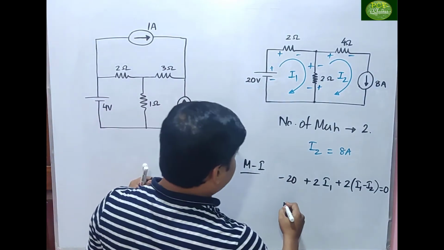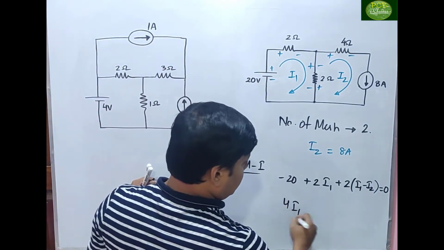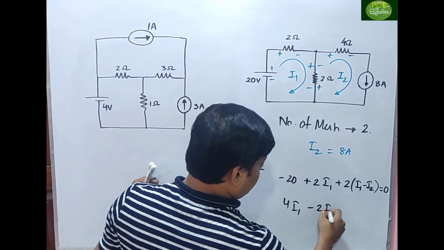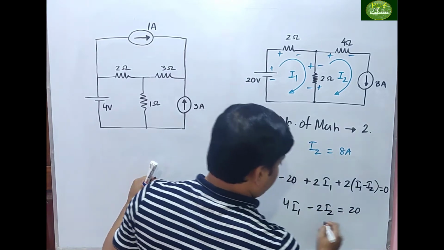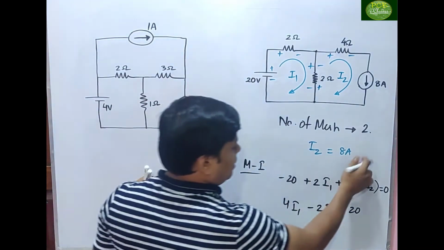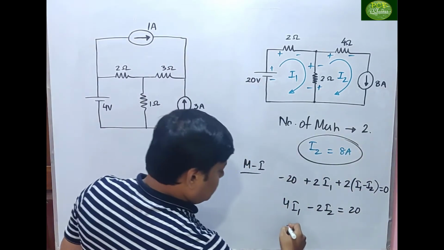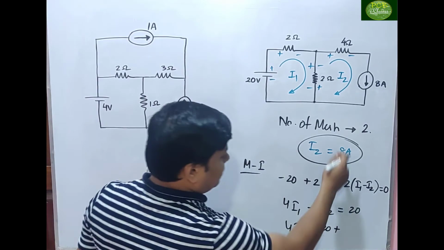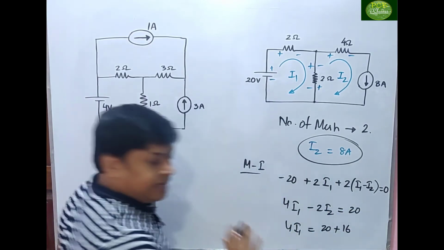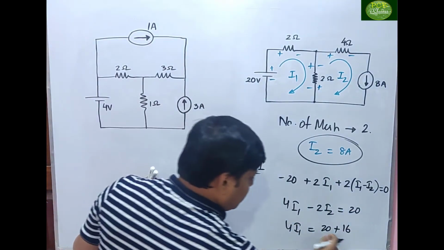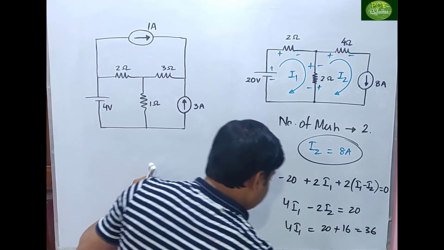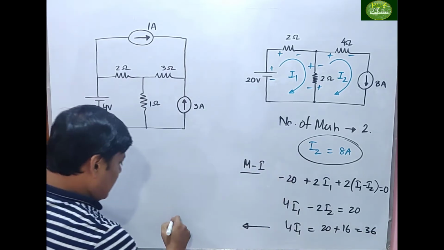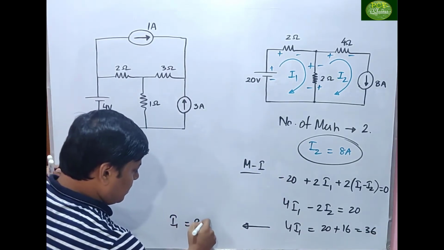So what can I write? 4I1 minus 2I2 equals 20. What is I2? I2 is known, 8 ampere. So 4I1 equals 20 plus 2 into 8, which is 16. Can I write that? Yes. So that is 36. So this implies I1 equals 9 ampere.